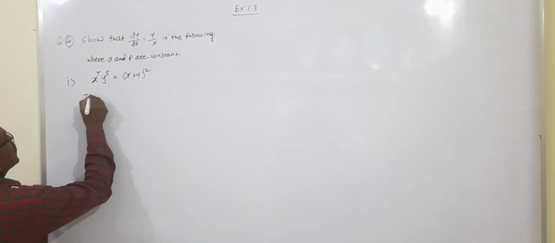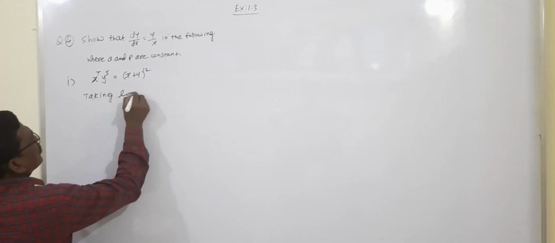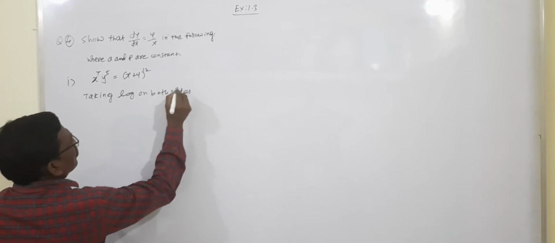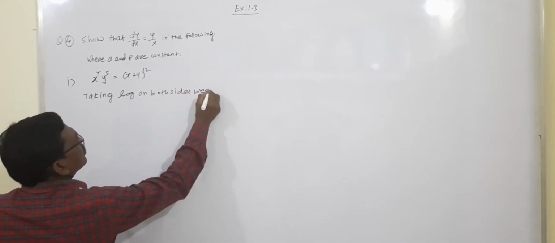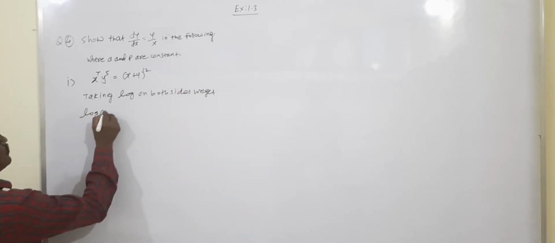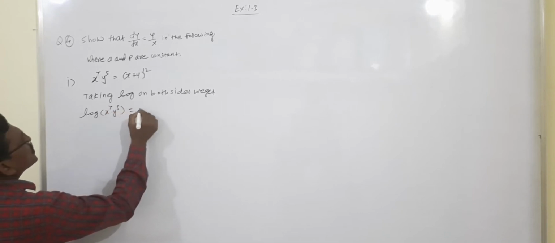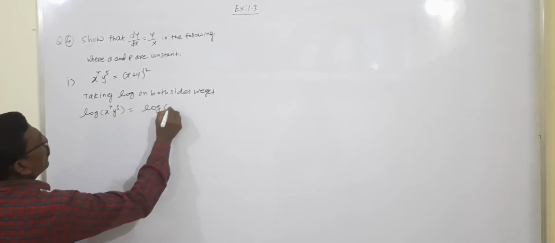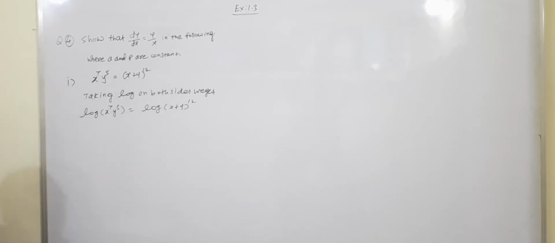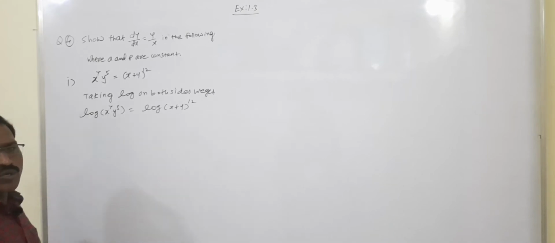Taking log on both sides, we get log of x raised to 7 into y raised to 5 is equal to log of x plus y raised to power 12. Here we use rules of logarithm.